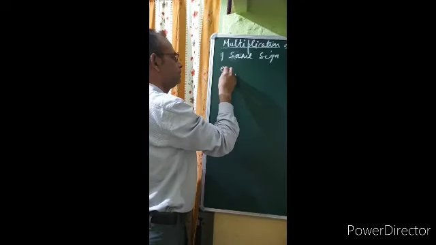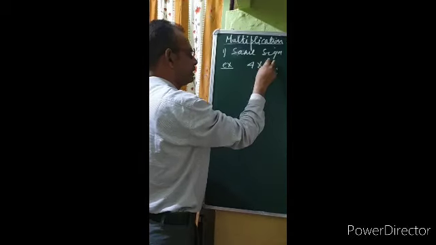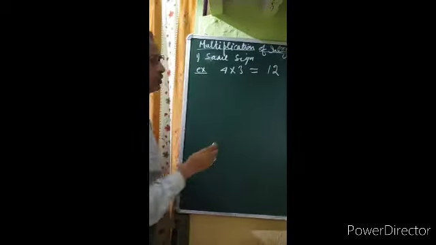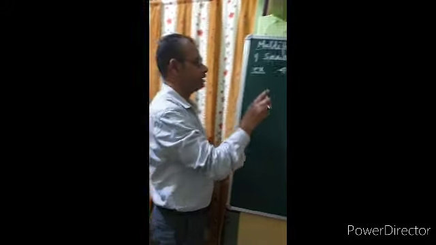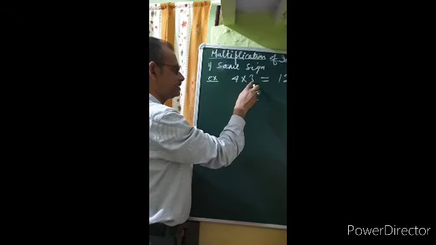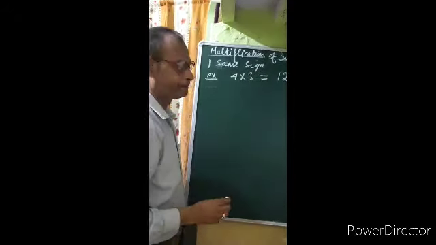For example, if we have integer 4 multiplied by 3, you will get the answer 12. Here you take the absolute value of this integer and this integer, multiply them and put the common sign.